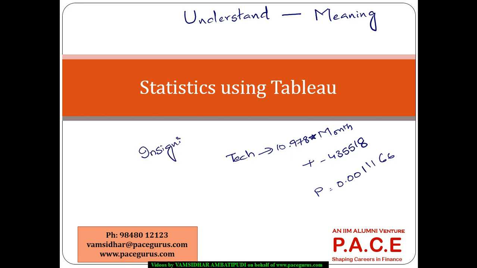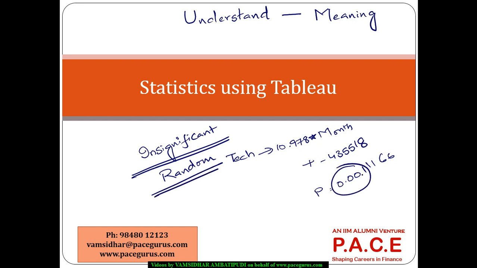What is the probability that the equation that we have got is just random, has no significance? So in all these cases it is saying that the probability is just around 0.1%.